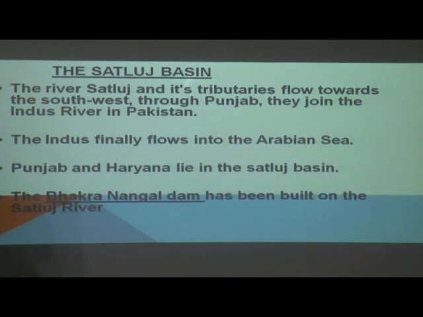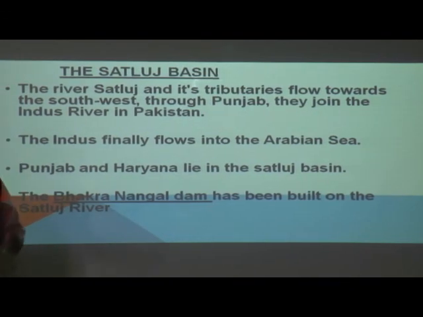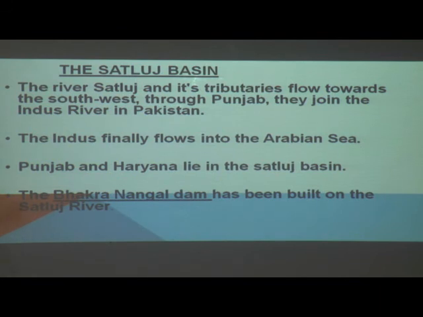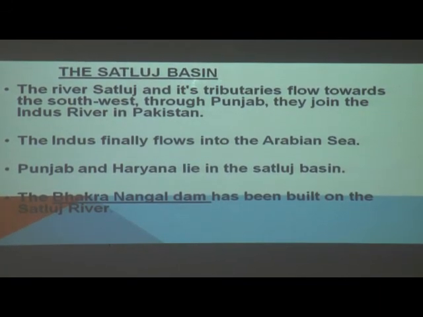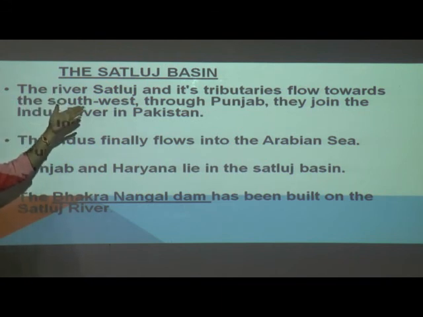Now we will learn about the Satluj basin. What is the Satluj basin? Where does it start, where does it end, how many rivers join it? We will all discuss it together. The river Satluj and its tributaries flow towards the south west.